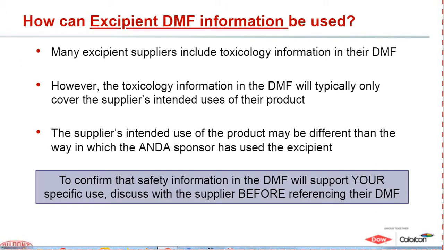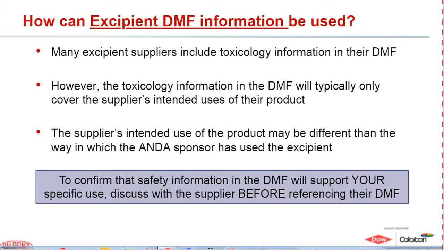So I mentioned that sometimes this information may be confidential and may be incorporated into an excipient drug master file. So how can that information be used as an ANDA sponsor when you actually don't have access to that information? It's confidential, but it can be seen by the FDA. So this information typically will only cover the supplier's intended uses of the product.